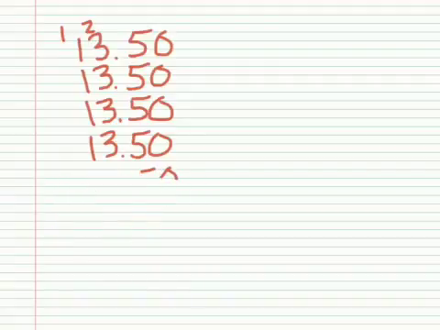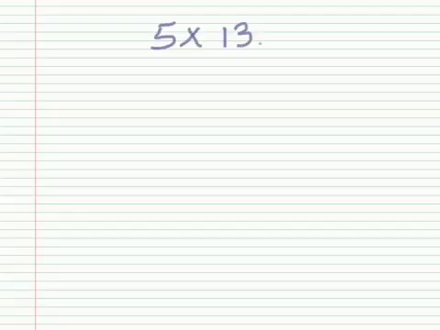Now, let's try some multiplication to set this up. Do a little erasing. Okay. Let's pick a new color. I like blue. All right. I'm going to set up a box method. So we got 5 times 13.50. Got my 5.